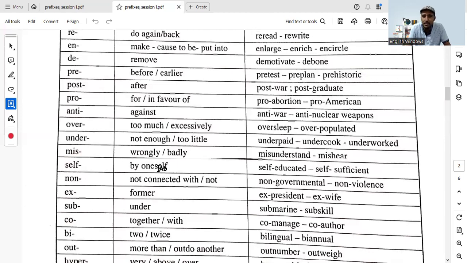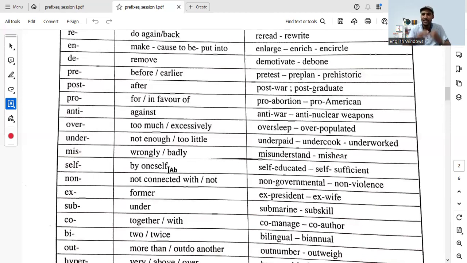Self, it means by oneself, right? By oneself, without the interference of anyone else. Like self-educated. This person is self-educated. He didn't go to school at all. He educated himself by himself. Self-educated, right? Self-sufficient.